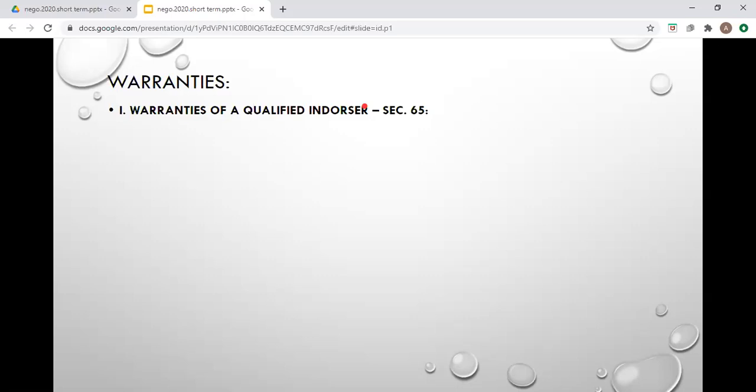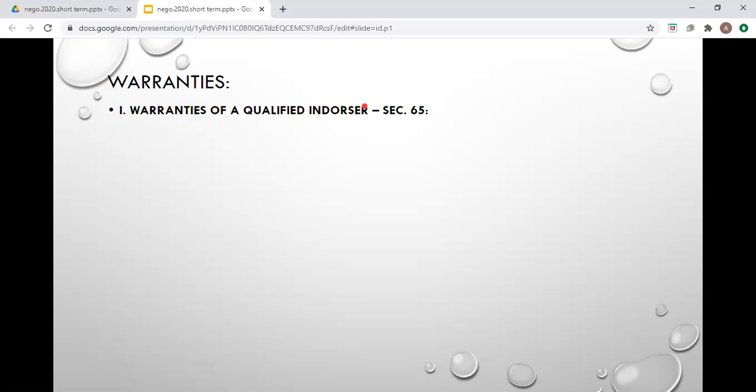A general endorser refers to any kind of endorsement other than qualified. So, kung gumawa ako ng endorsement in blank, gumawa ako ng special, conditional, restrictive, o facultative na endorsement, I am classified as a general endorser. So, any other endorser other than qualified shall be classified as a general endorser.